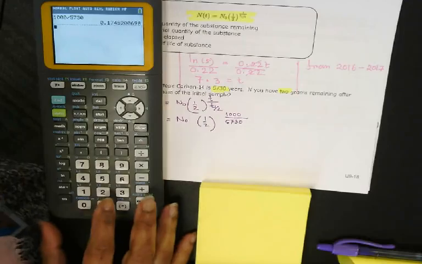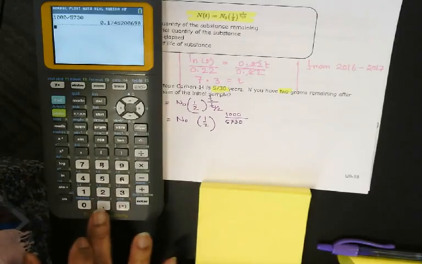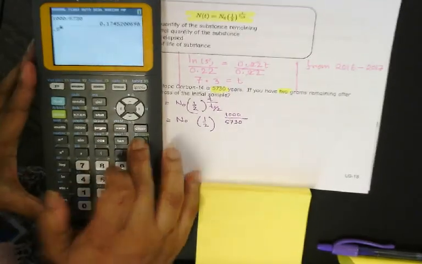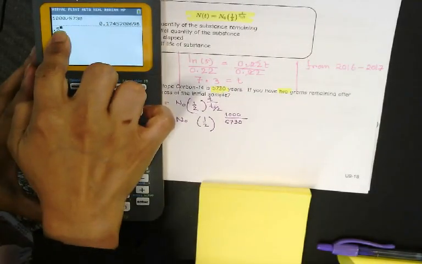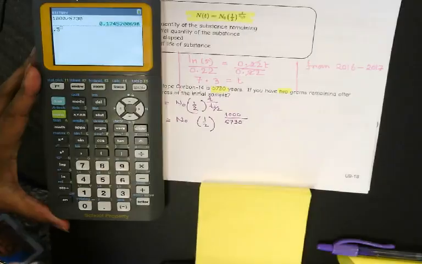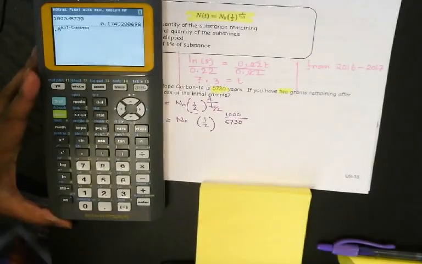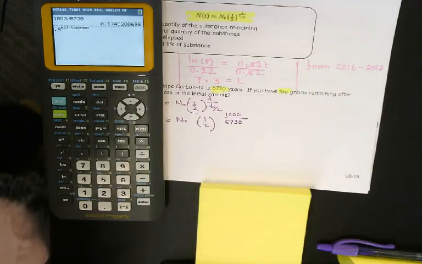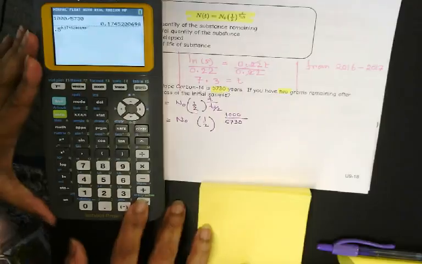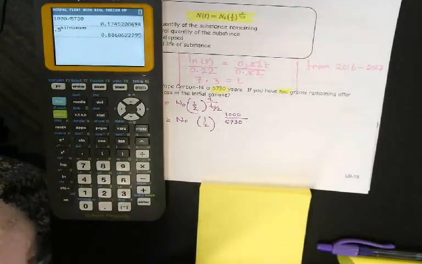So 1/2 is 0.5, so 0.5 to the power. I'm going to bring this value over here. Take your cursor on the top, highlight it, hit enter, it's going to bring it. Should I show it one more time? Hit enter. So that's my value.